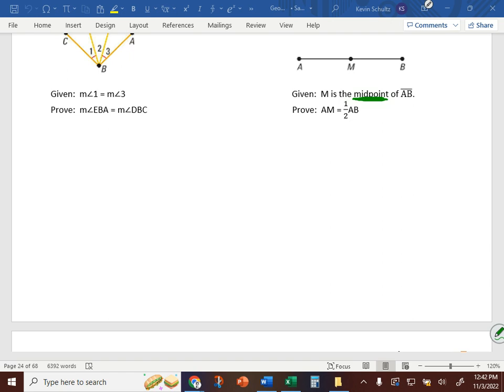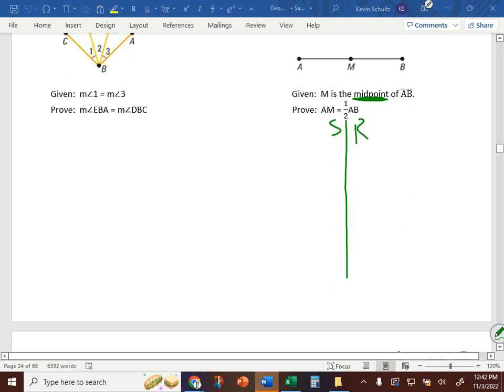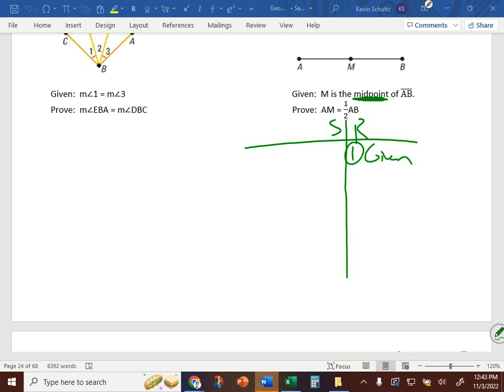Your next step should be, okay, what does that mean? We have our statements and our reasons. The first one is always the given. Because that given statement contained a vocab term, our second step asks, what does that mean?